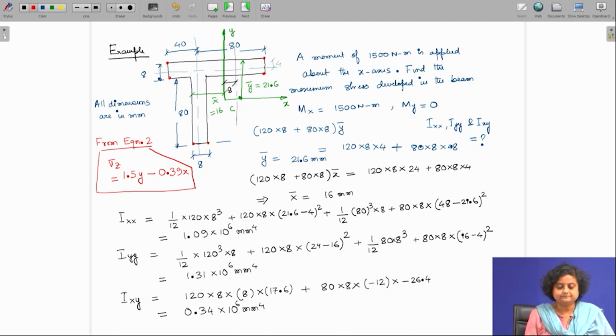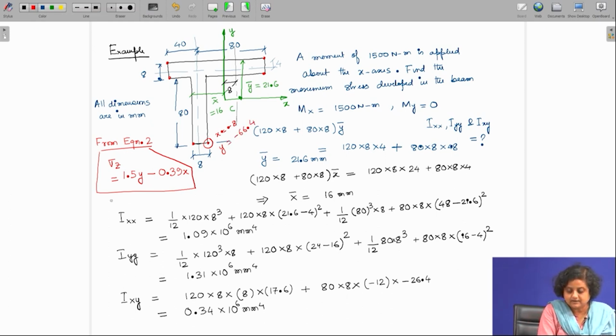Now, if we look into all these corner points, we will be able to find out that this point, where x is equal to minus 8 and y is equal to minus 66.4, has the maximum stress.